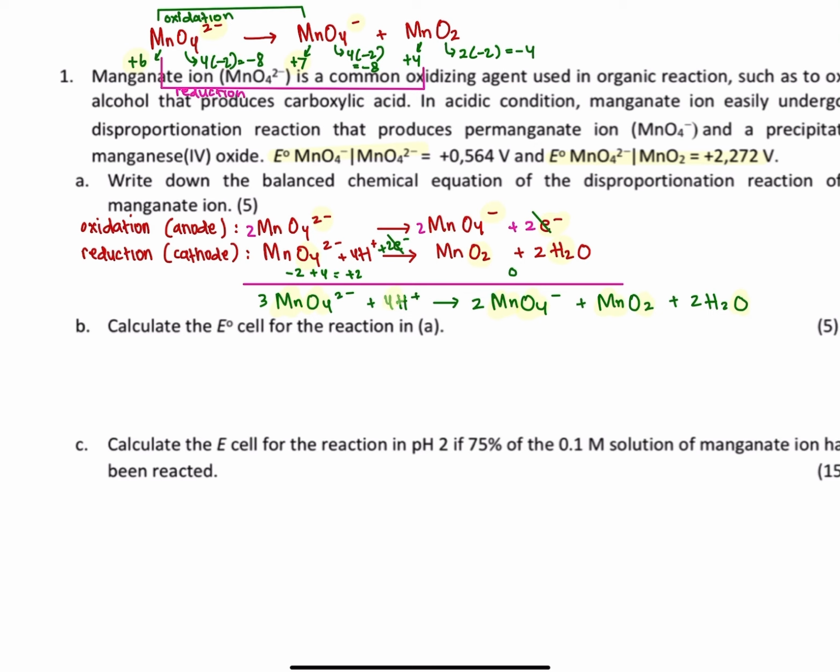And then we have like 4 hydrogen over here, and also 4 hydrogen over here. And then for the charge, here we have -6 plus 4. So here we have like -2, and this is also like -2. So it's already balanced. So the balanced chemical equation is this one here.